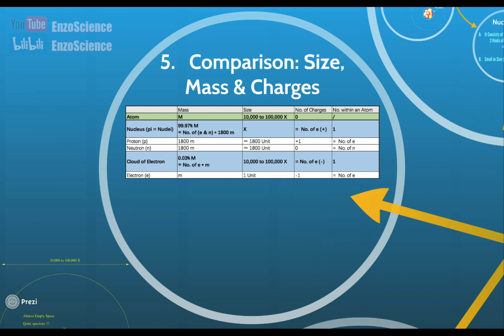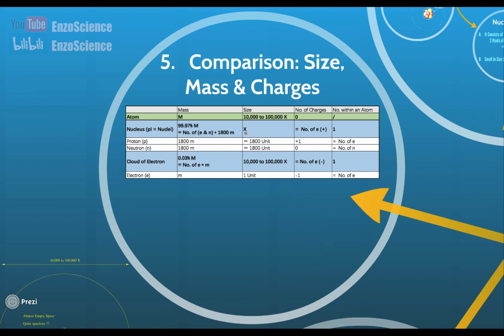Okay, the next is size. If we assume the size of an electron is 1 unit, then that of a proton or neutron is 1800 units, just as it shows here. While the diameter of a nucleus remains uncertain unless we know what atom we are discussing. But let's just use X to represent it.